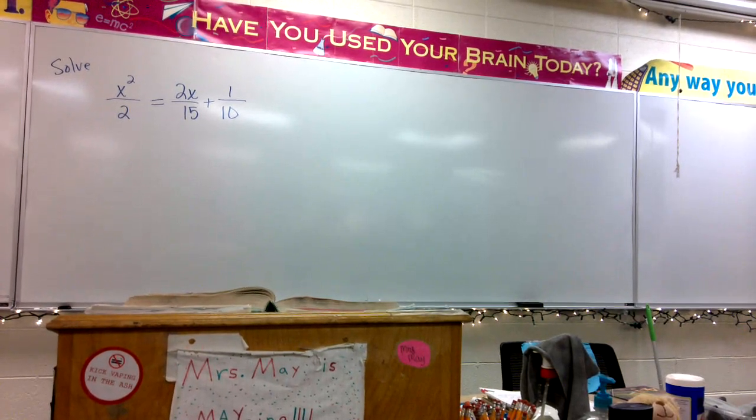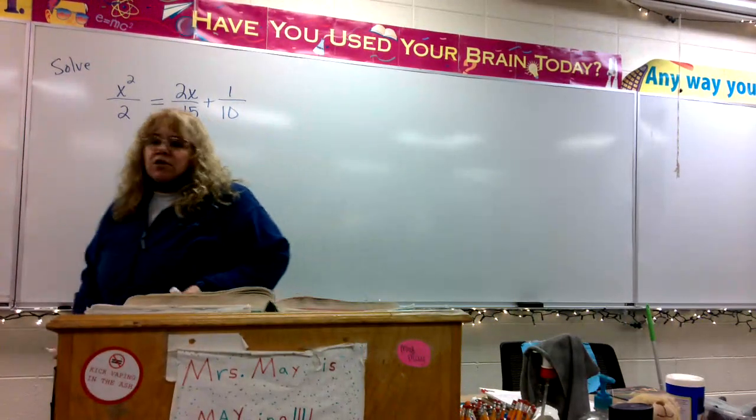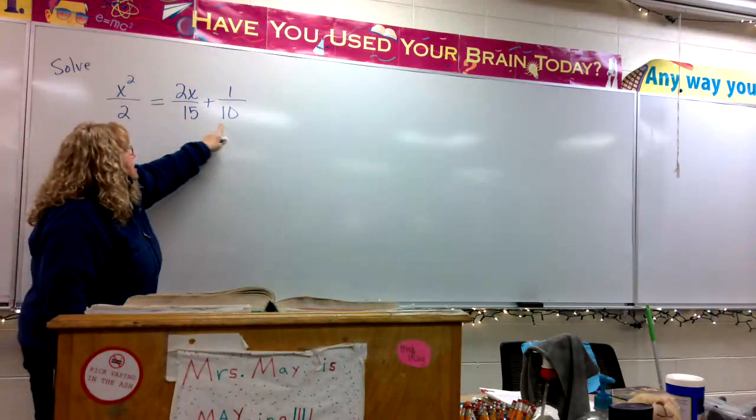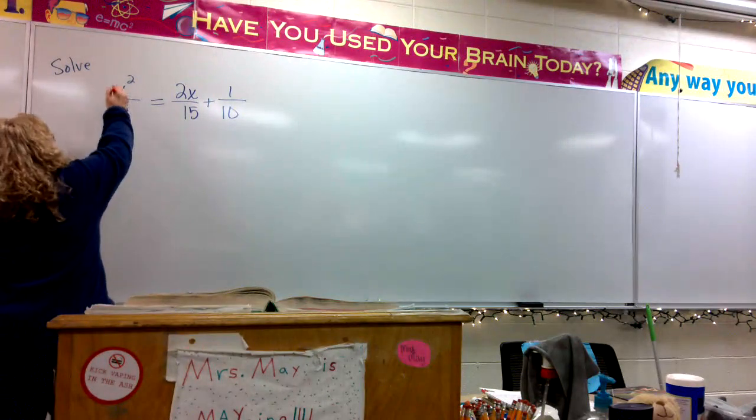So guess what? There's a way that we can get rid of all the fractions. The first thing you have to do is ask yourself, what would the common denominator be? You already said it would be 30, right? Well, instead of going over here and figuring out what the equivalent fractions would be, here's the little trick.